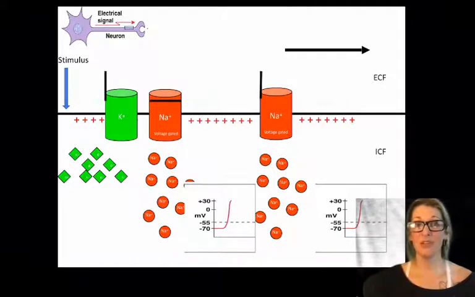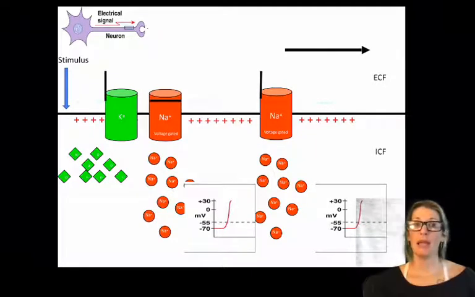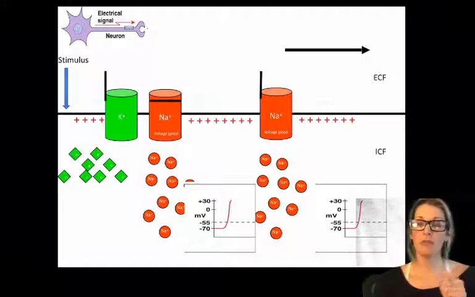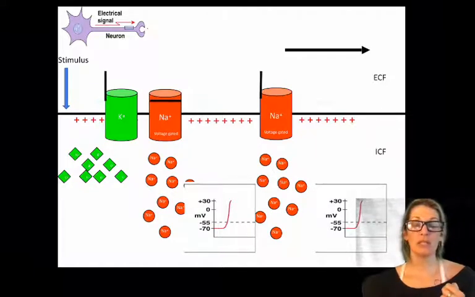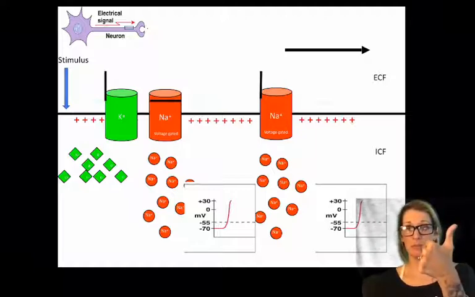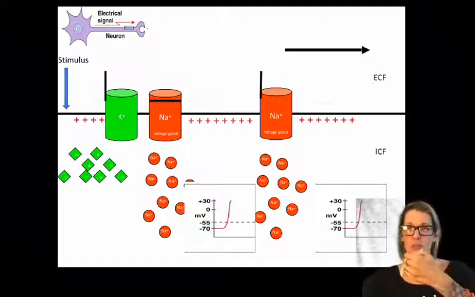Meanwhile, we've got our sodium channels popping open. And right behind them, a little bit slower, are our voltage-gated potassium channels. So sodium channels, in response to the change in voltage, they open fast, pop open, sodium floods in, they close.